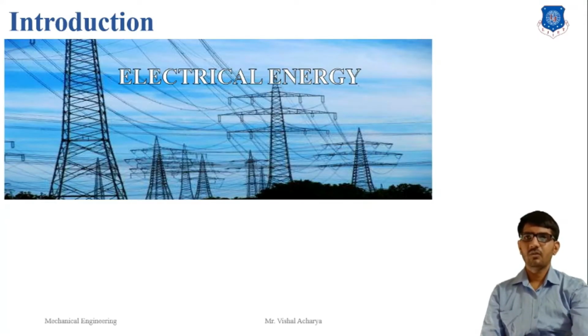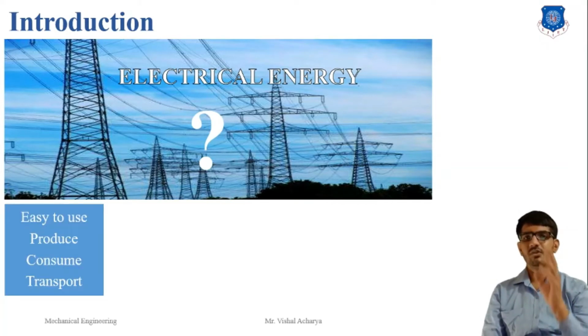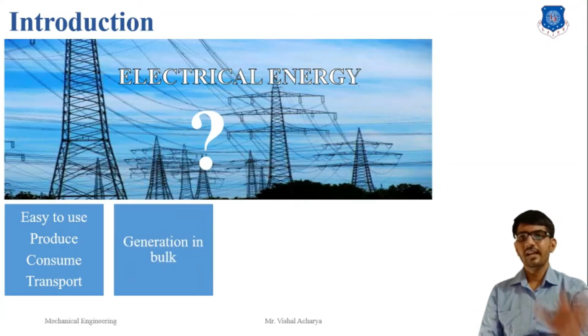Why do all power plants produce electrical power? Electrical power is a convenient form of energy with respect to others like mechanical, chemical, etc. Why is electrical energy a convenient energy source? Because it is easy to produce, easy to consume and easy to transfer from one place to another.